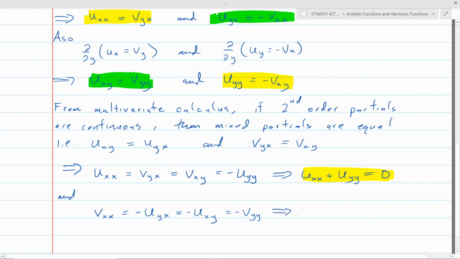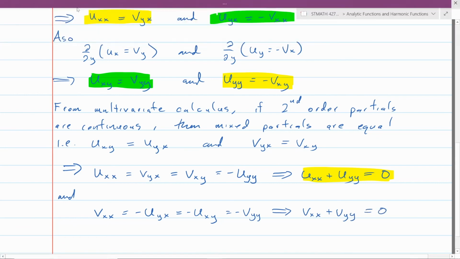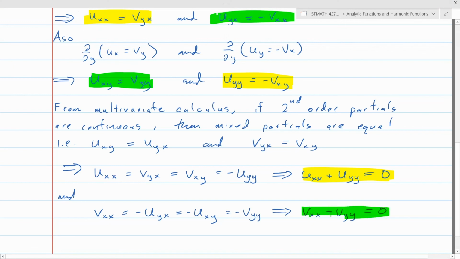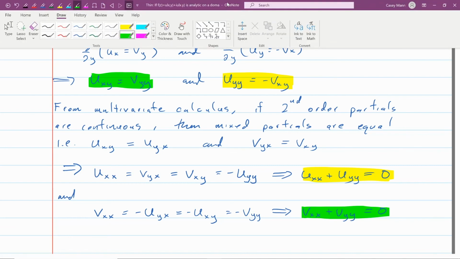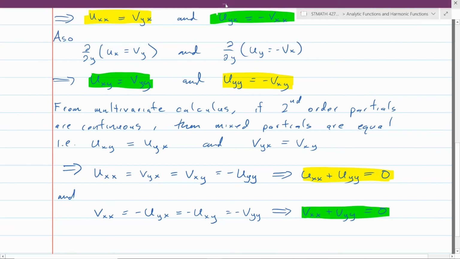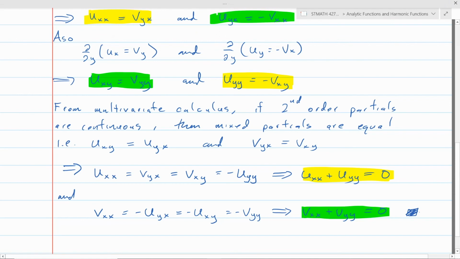From there we deduce v_xx plus v_yy is equal to 0. And that proves it, right? That's what it means for v to be harmonic. So those last two equations that we proved gave us that u and v are both harmonic. So analyticity implies harmonic. All right, I think I'll stop there. Talk to you again soon.